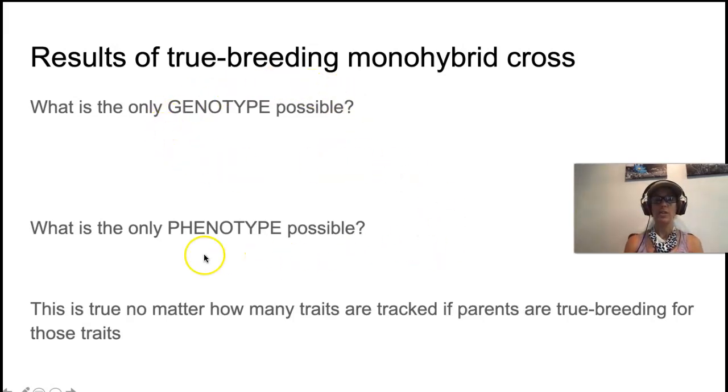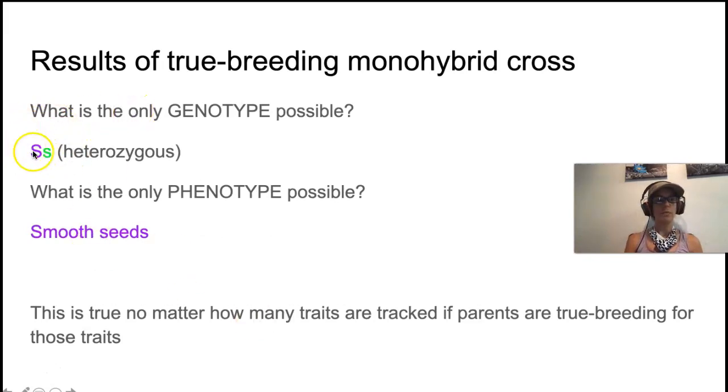Because of that, the only phenotype possible is the dominant phenotype, which in the example we just used is purple seeds. And that is true no matter how many traits. If we tracked 3 true breeding dominant traits crossed with an individual of the same 3 true breeding but recessive traits, the offspring would be heterozygous for all 3 traits, and their phenotype would be dominant for all 3 traits.